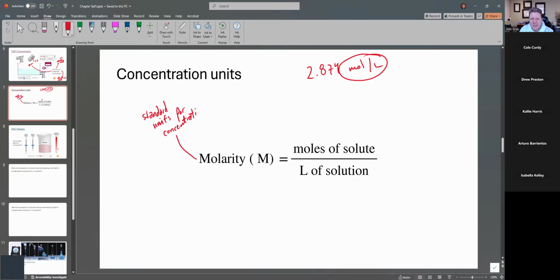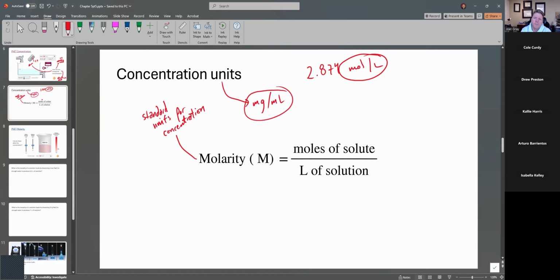Now, you've probably seen other examples of concentration units. Maybe you've seen something like milligrams per milliliter. That's a concentration unit. But that's not what a chemist uses, I'm sorry. And you might think, well, why? Can a chemist use this?